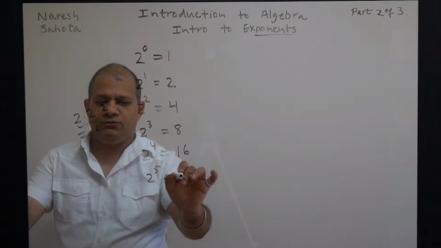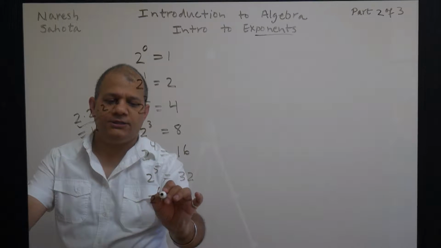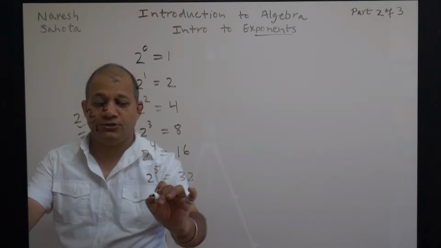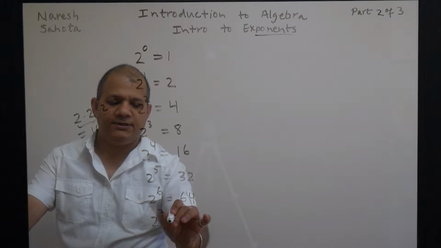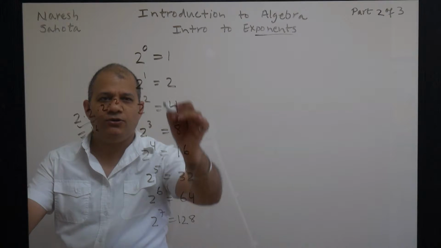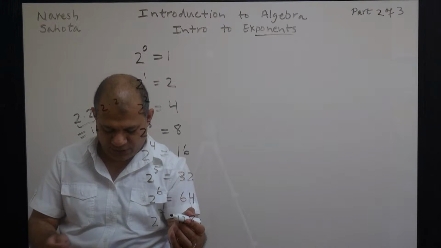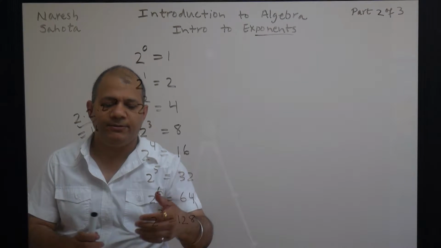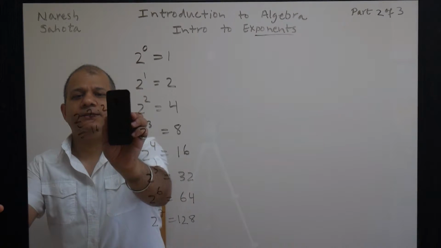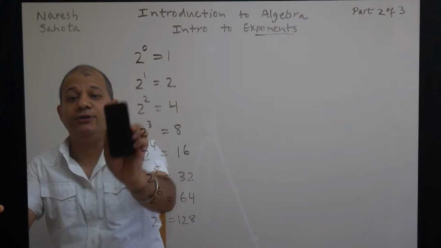So 16 times 2 is 32. Then 2 to the 6 is 32 times 2, which is 64. Then 2 to the 7 is 64 times 2, which is 128. You should know this up to 2 to the 7th. You should know that by heart, or be able to calculate it in your head pretty quickly.